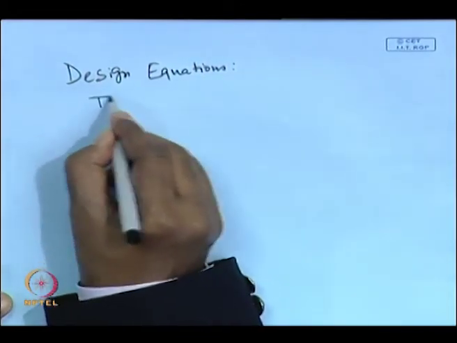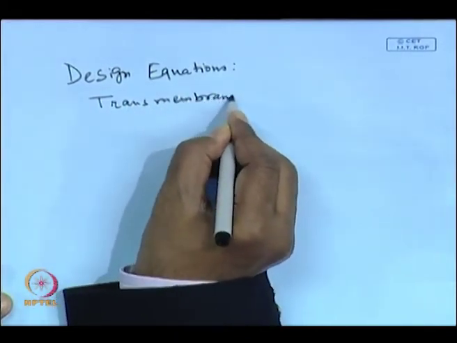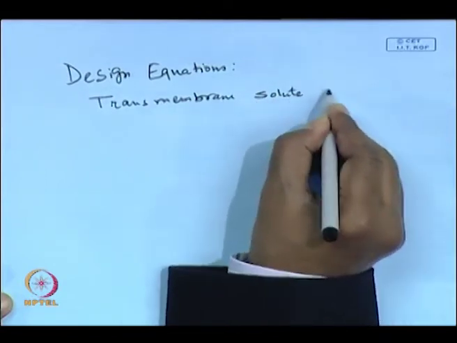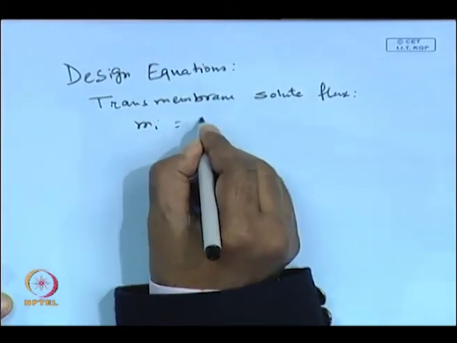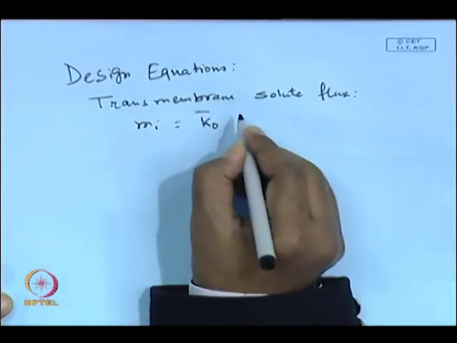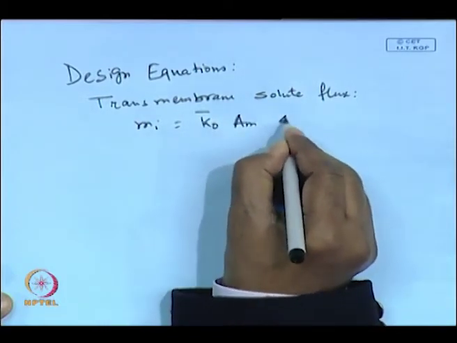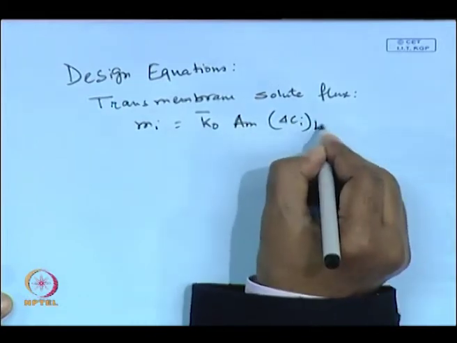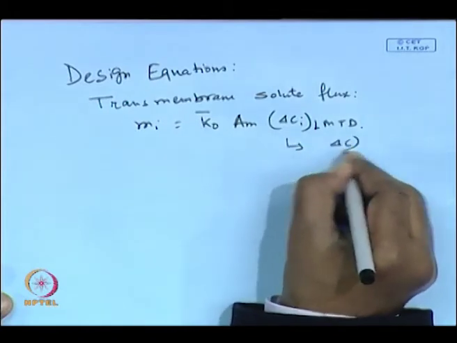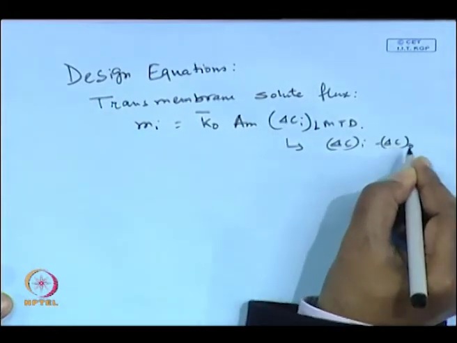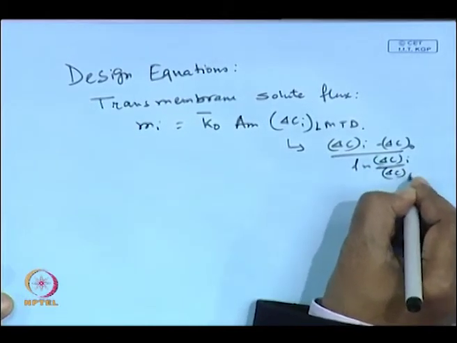First one is transmembrane solute flux, that is MI is nothing but K0 bar, which is the overall mass transfer coefficient that we have defined earlier, times AM times delta C ith solute LMTD. Okay. Delta C LMTD is nothing but delta C at the inlet minus delta C at the outlet divided by ln of delta C at the inlet over delta C at the outlet.